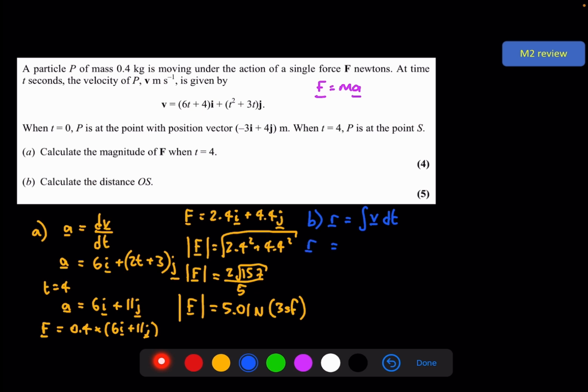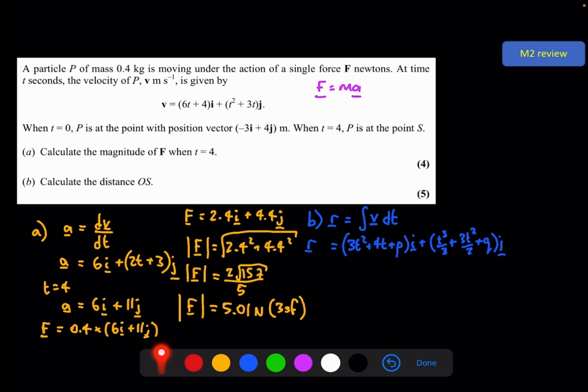and that gives us (3t squared plus 4t plus p)i plus (t cubed over 3 plus 3t squared over 2 plus q)j. Now we need our boundary condition.